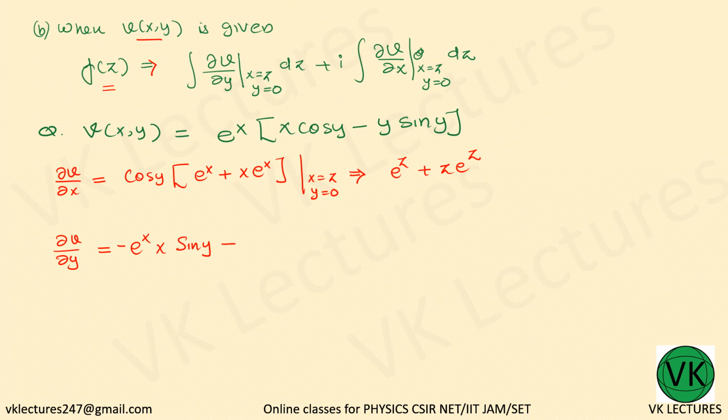So minus e^x, differentiation of e^x into y sin y, differentiation of y sin y is y into differentiation of sin y, which is cos y, plus differentiation of y with sin y.